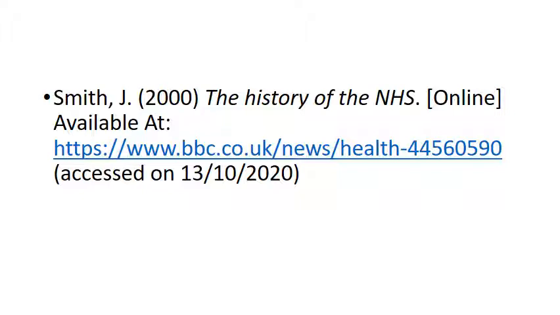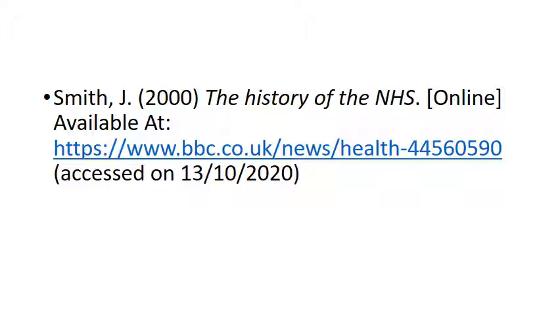Again, if you don't know the name of the author and it's a website, you could, for instance, put BBC here. So BBC 2000. The key thing is that it matches up with the in-text reference in your essay or presentation. So you've got the year, 2000, and then the title of the article.